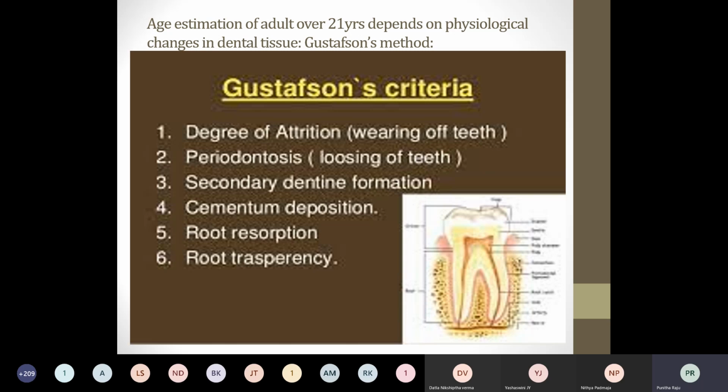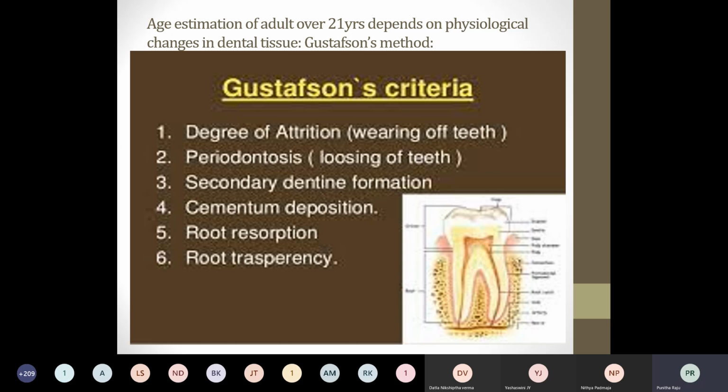After 21 years, you can just take the teeth and tell the age. This is only done in dead individuals, not in live ones. Gustafson's method is mainly done in a deceased person.